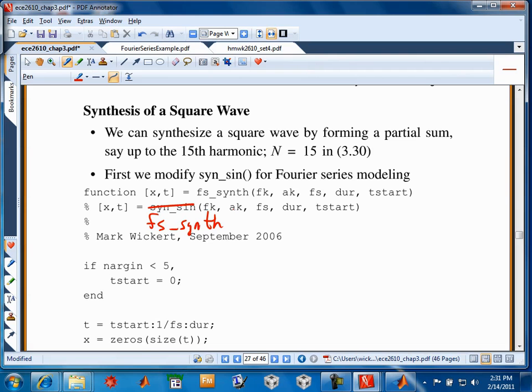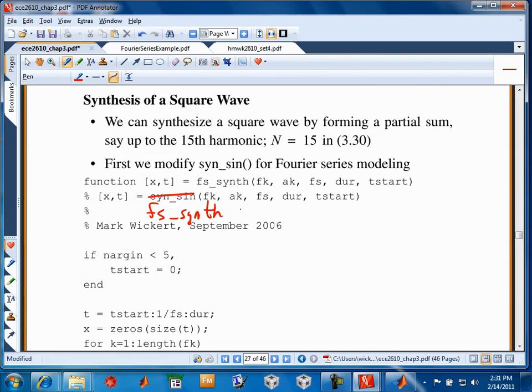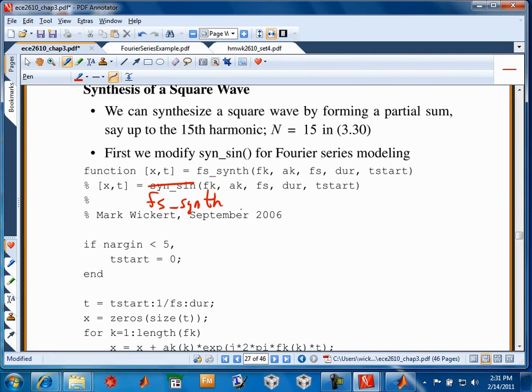If I want to synthesize the square wave, in other words, synthesize using up to the 15th harmonic, I took the original synthesis sine function and modified it. You can see that I didn't change the name entirely in my function file, and called it Fourier series synthesis, so that I could just load in an equation for the coefficients, the harmonic values, the sampling rate, duration, and t start.